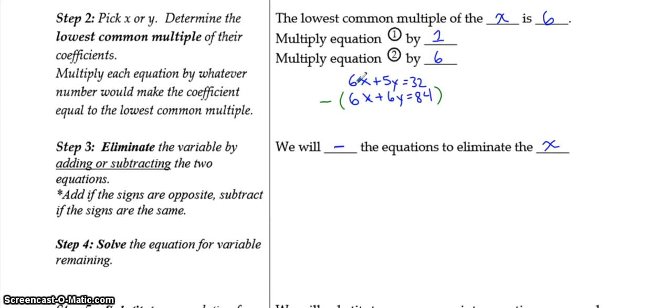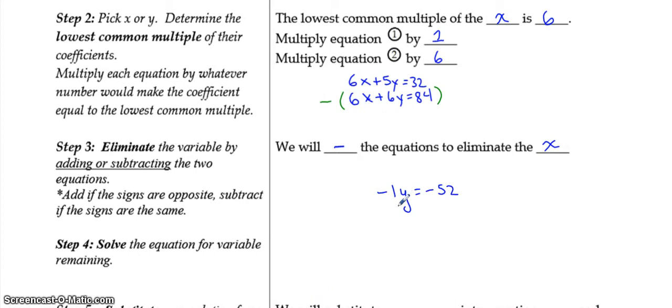So 6x minus 6x is 0x. That means the x term is gone. 5y minus 6y is negative 1y. And 32 minus 84 is negative 52.